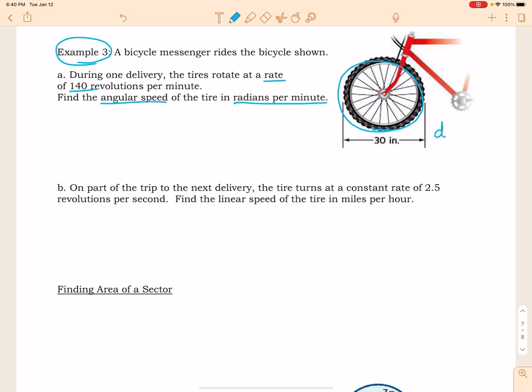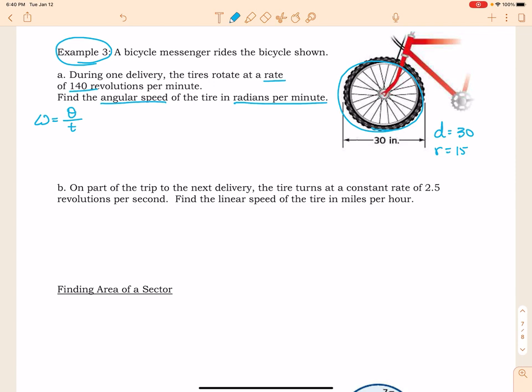That's the diameter. And that means the radius would be 15. So when I'm looking for angular speed, I know I'm going to use this formula right here. So I'm going to need theta over t.